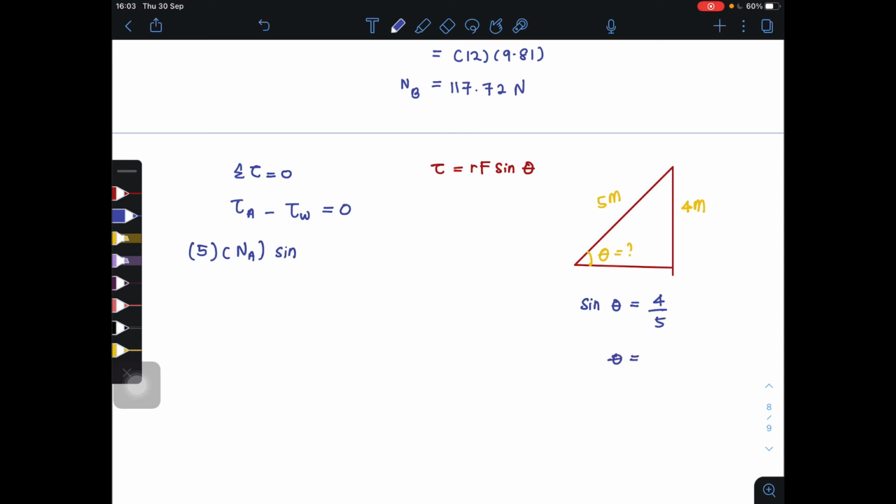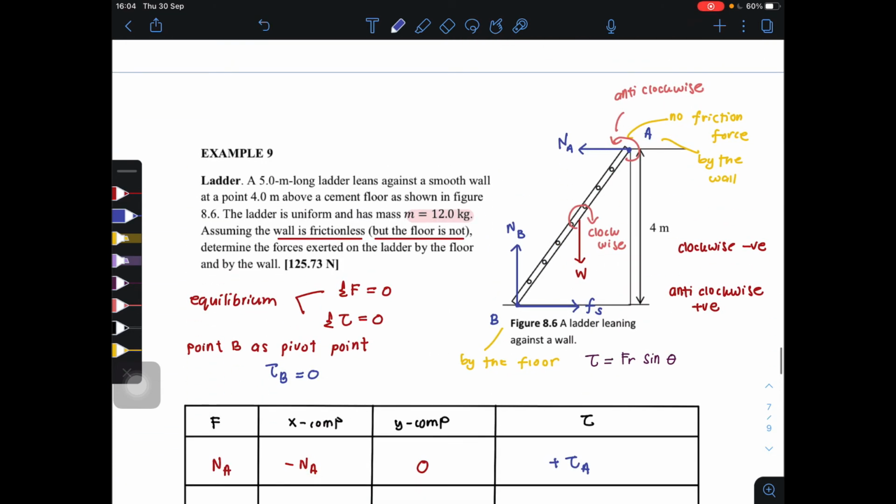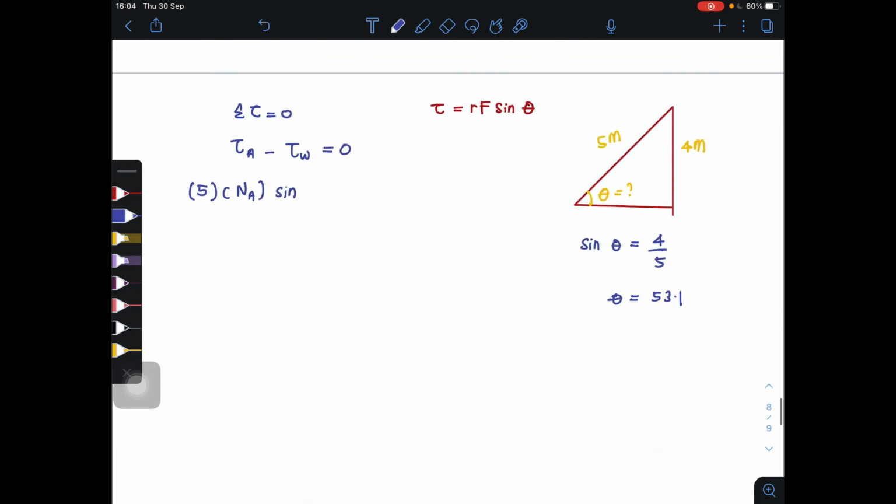So theta will be equal to 53.1 degree. So let me label here. This one is 53.1 degree. So this one adalah 90 degree. So dekat sini akan jadi 53.1 degree. Okay, so now here will be 53.1 degree.